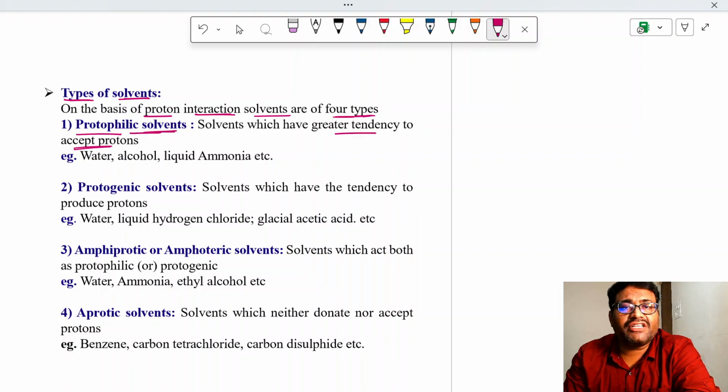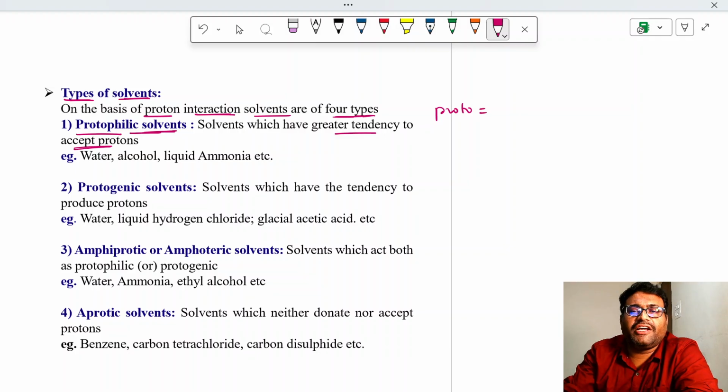Here solvents are classified based on their interaction with protons. If a solvent can accept protons readily, those are called protophilic. Philic means attracting, loving. Proton attracting solvents.